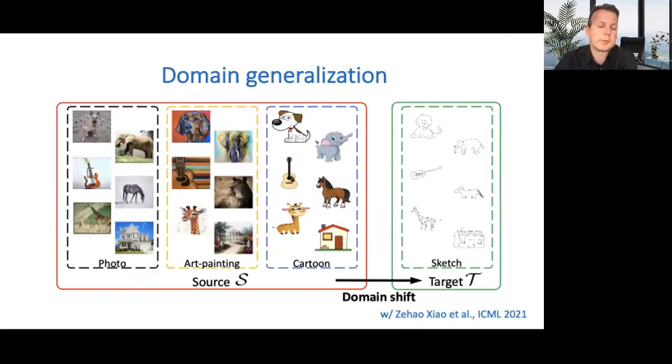And how do people typically go about this? Well, they learn a domain invariant representation. That's one popular approach. And another popular approach is to generate artificial domains using generative models during training, so sort of to anticipate what you may see at test time.